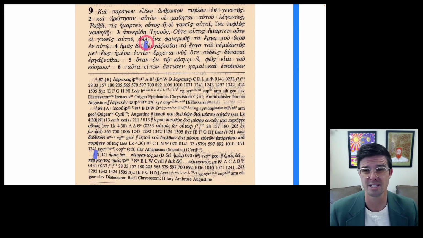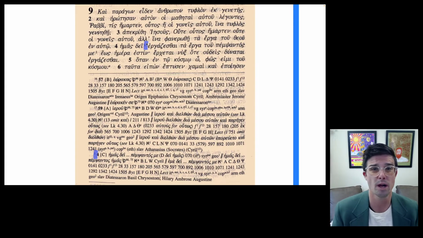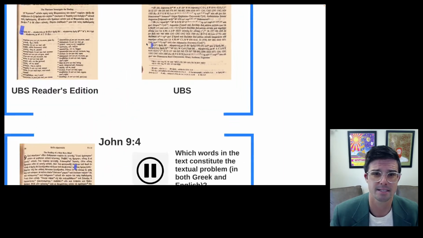The Reader's Edition doesn't really give you all that many, usually maybe one per chapter of any given Greek New Testament text, whereas usually there are a lot more variants per chapter, and so you're going to get a better picture of what's going on with respect to the different variants in the text.